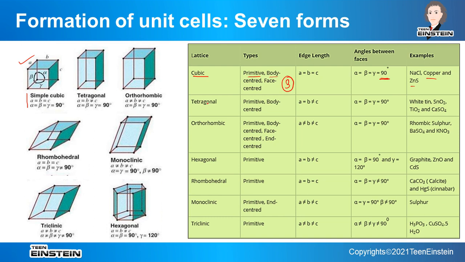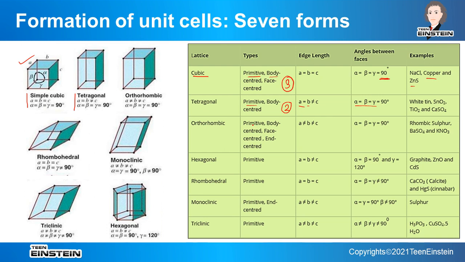The next type is tetragonal. Under tetragonal, it may be primitive and body centered. So two types possible under tetragonal. Here 2 edges are same, but the third edge is not same. Okay. So these are the conditions mentioned, and here just like cubic, all angles are 90 degree. Examples are also mentioned in the last column. Third type is orthorhombic.